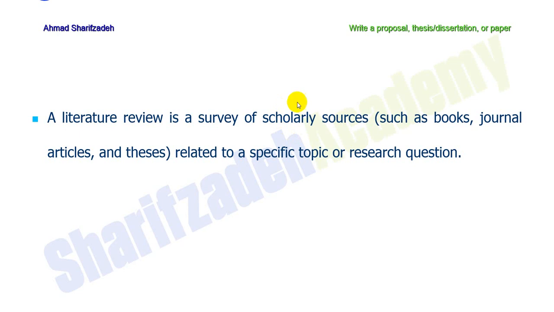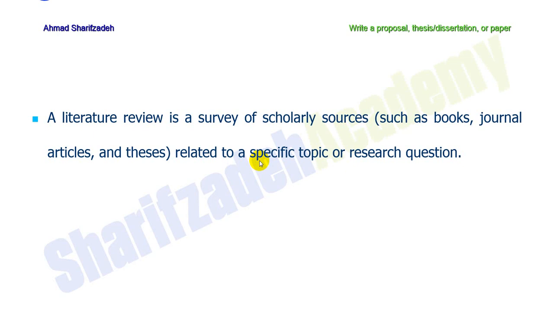The sources published or written by Einsteins, okay, by scientists, which can be books, journals, articles, theses, and others, as you see here, which is related to a specific topic or a research question.